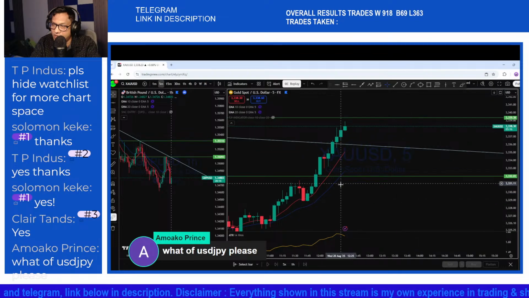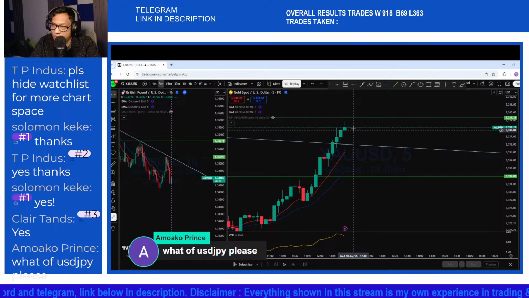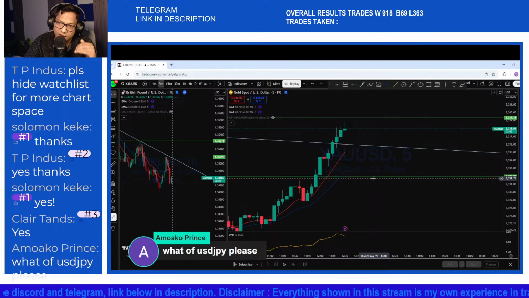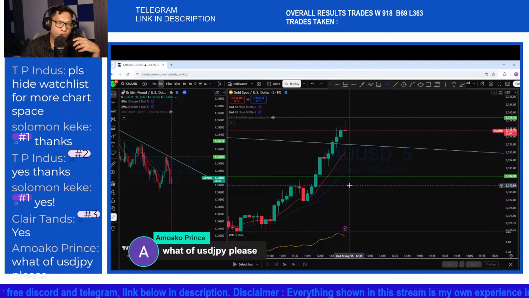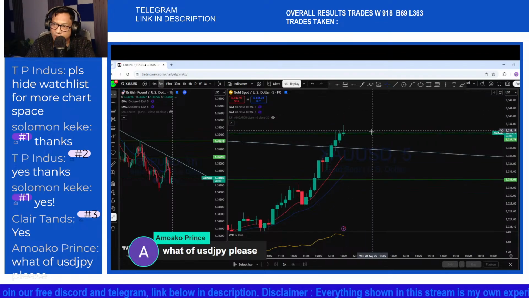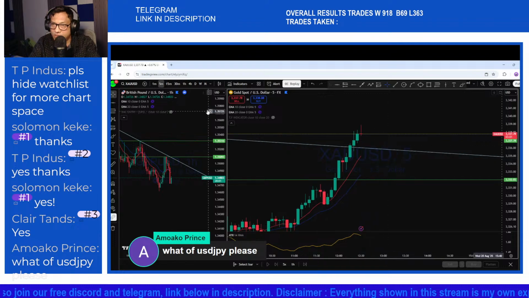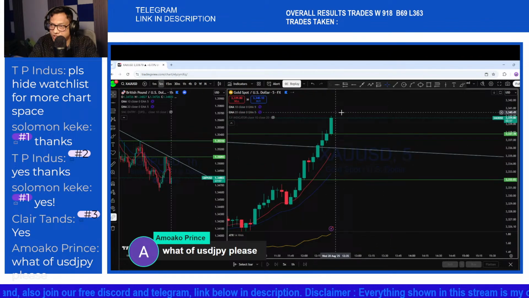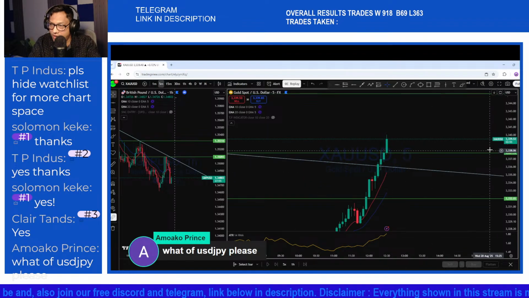So this is a level that I'm looking for if the market moves in a certain way. It's not fixed. As I mentioned earlier, it's always a flexible way to enter the market. If we see the market level change, we will also change our entry level in this market.